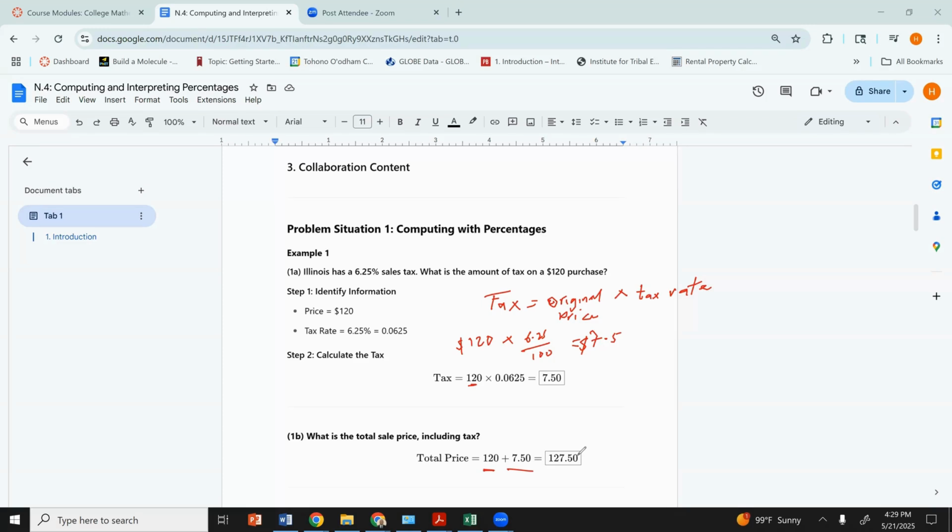But at least we know how much of this amount is tax: 7.5. Okay, so we can move on to another example or question.